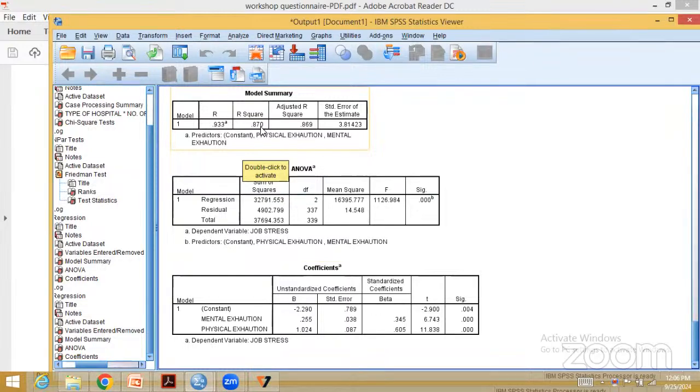This is a theory. Therefore, when you apply regression, you must be very careful. If you add more and more variables into the model, the beta coefficient is decreasing, and at the same time the R square value is increasing. So multicollinearity is a serious issue when we apply regression.